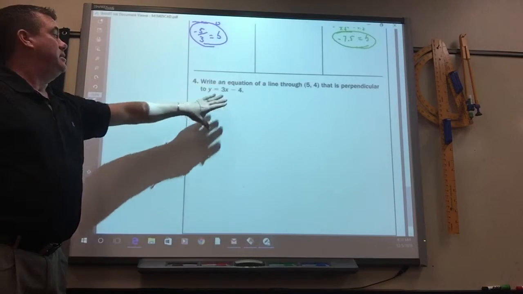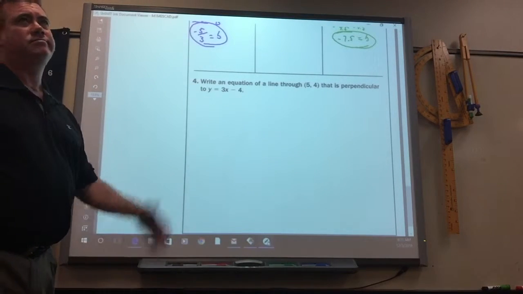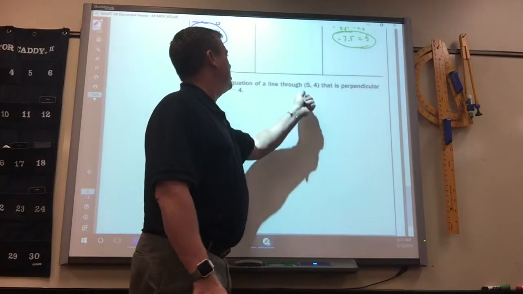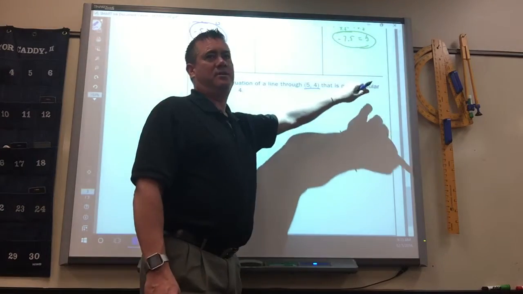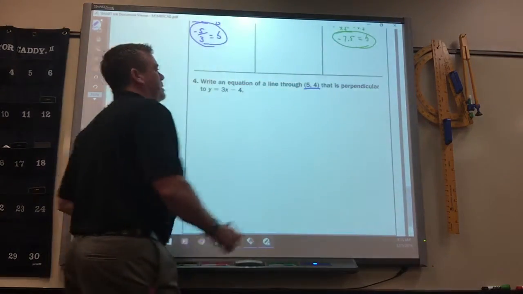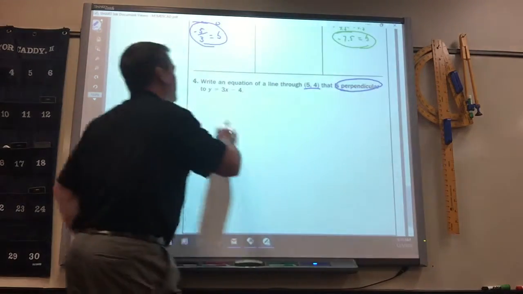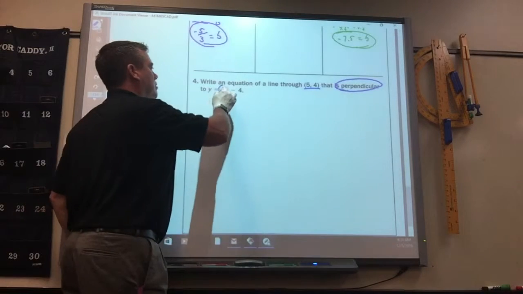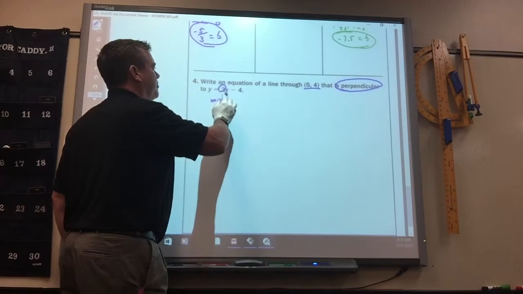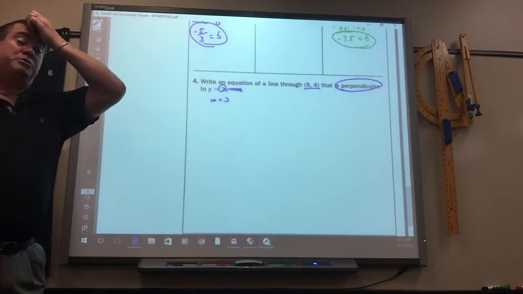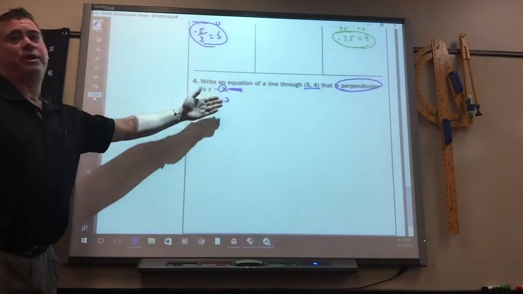Now this one is like we did in a couple assignments before, where they gave you a point, and before we said it was parallel to the line. Remember that? Now if it's perpendicular, again, the only thing they give us this line for is the slope. The slope is 3. That's all we use it for. You don't use that. Now if it was parallel lines, we would use 3.